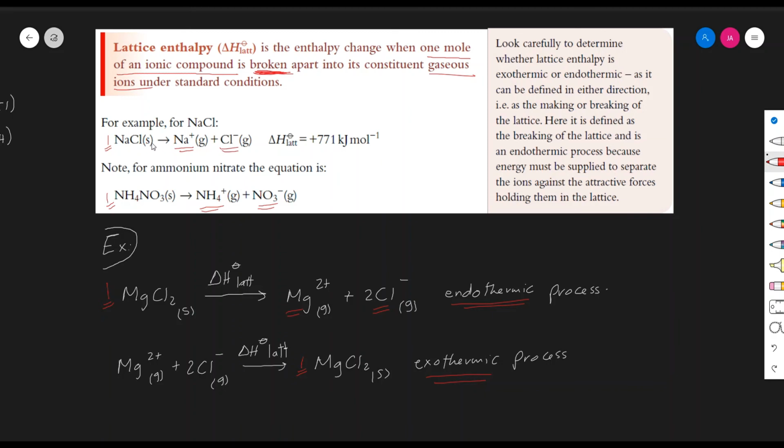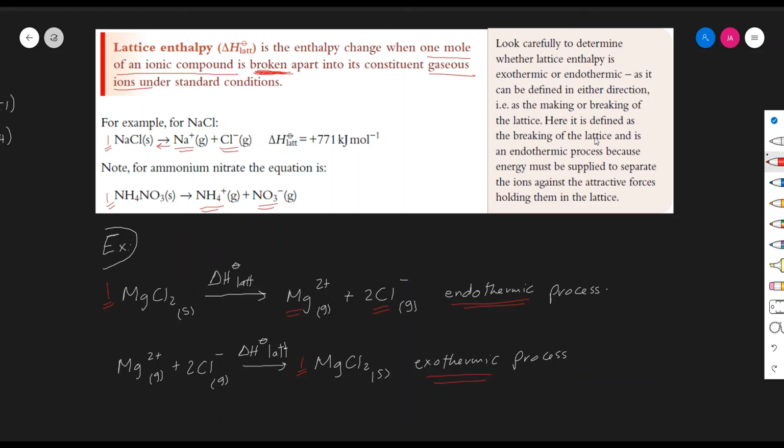But if it were the other way around, pointing from the ions towards the ionic solid, as in this example over here, then this would be an exothermic process, because bringing two gaseous ions, which are highly unstable, together and forming attractive forces to form a solid lattice structure, forming a more stable structure, would release a lot of energy. And this is what they state here, as it can be defined in either direction, as either making or breaking of the lattice.